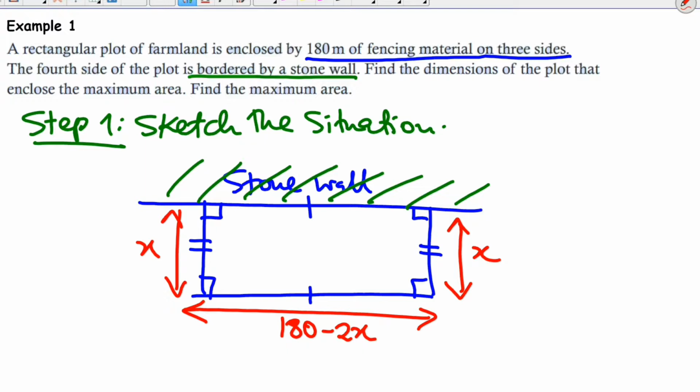Now we can move to step 2. Remember, we want to find the maximum area.